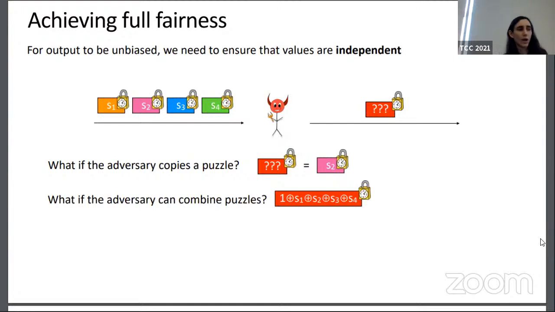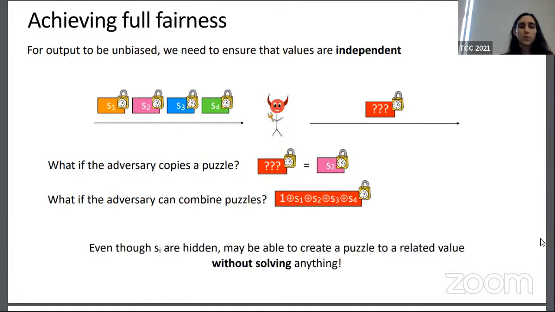Or maybe there's a much more complex attack where he could combine the input puzzles in different ways to get a value that's related to all of them. The point here is that even though the security of time lock puzzles hides the underlying values, it doesn't ensure that you can't combine the puzzles themselves to one that is to a related value.